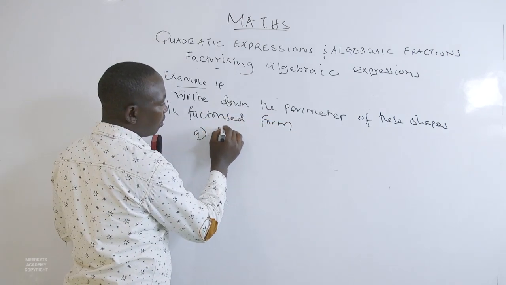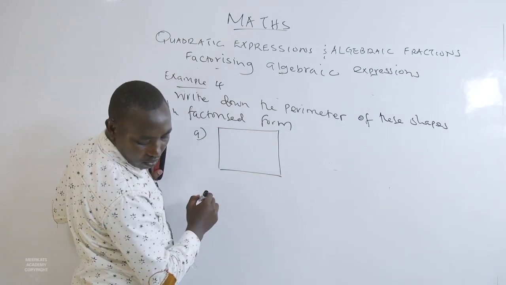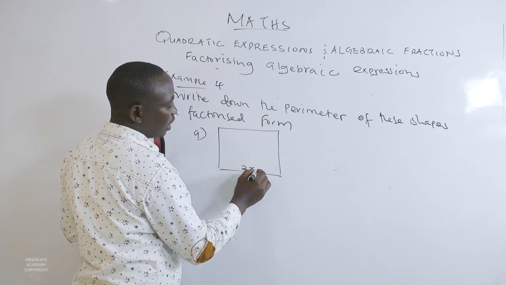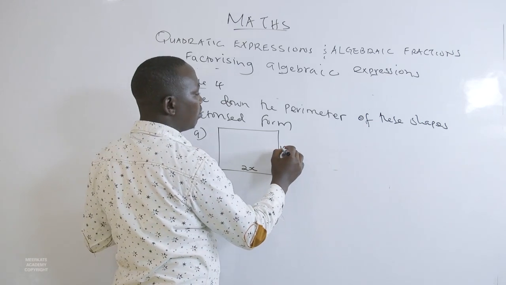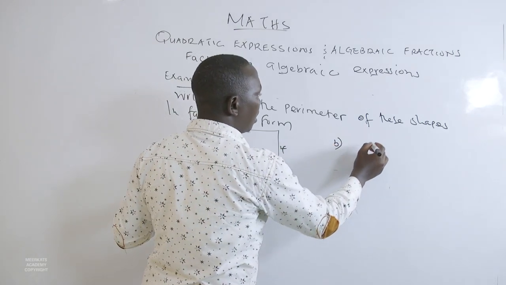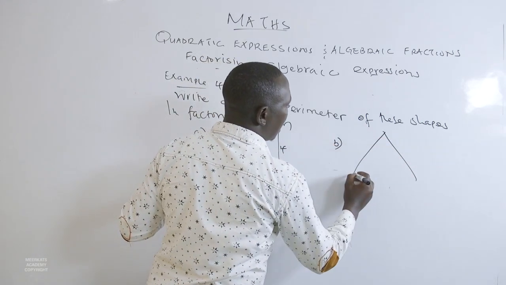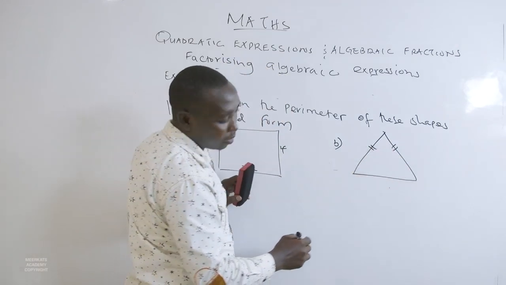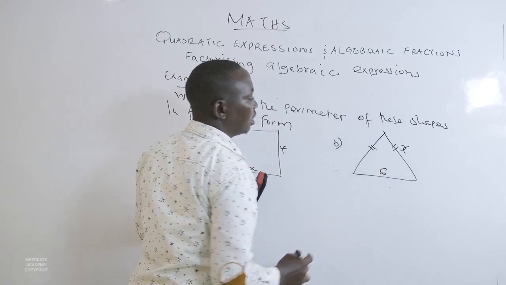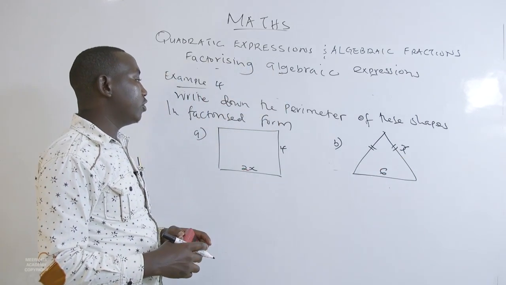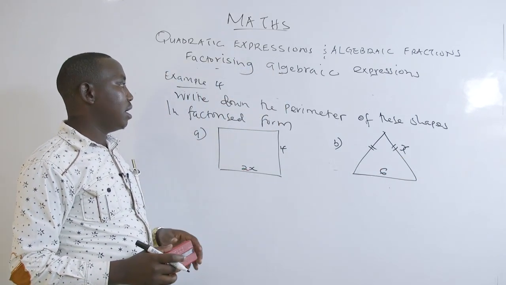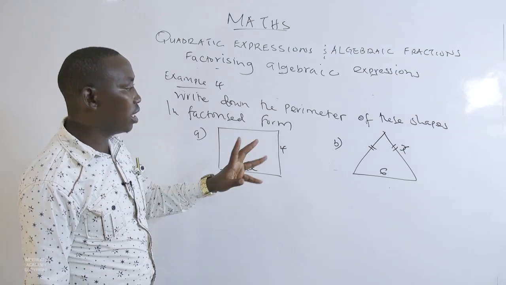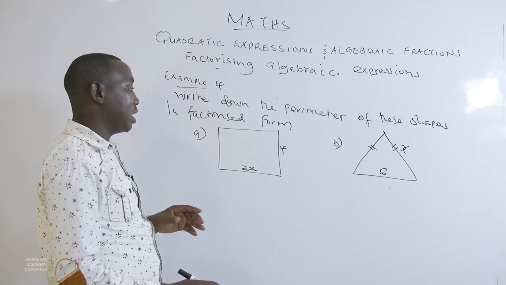The first one, we have a rectangle which measures 2x by 4. The other one, we have an isosceles triangle whose equal side is x and the base is 6. So we need to find the perimeter of these two shapes or figures.